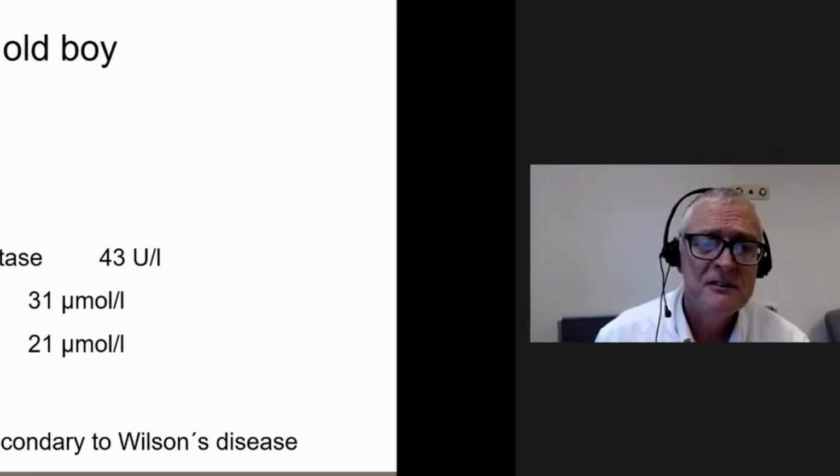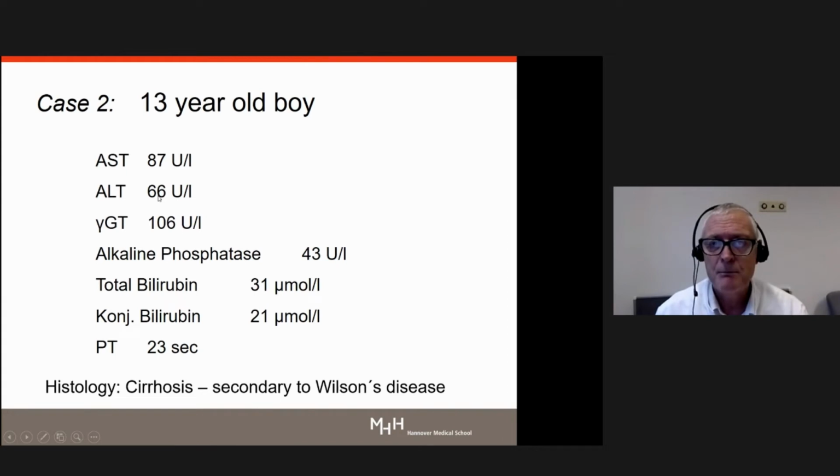Also, which is important to know, Wilson's does not have this strongly hepatitic picture. You have much lower transaminases in general. They may not reach two digits, but it's much lower. It's not the hepatitic picture from the girl before. And again, the transaminases did not really help you.